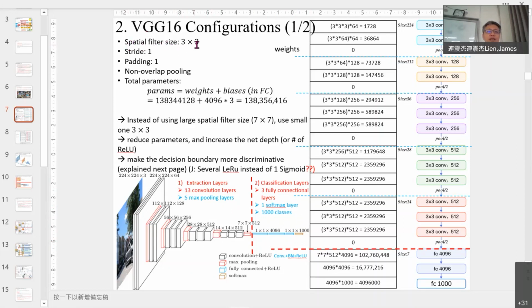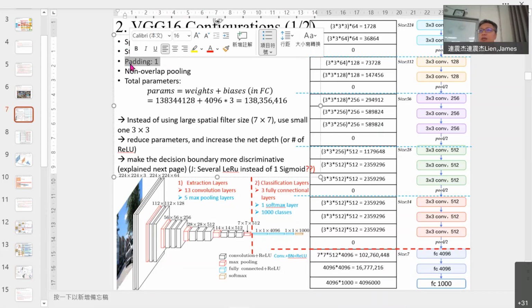The filter sizes are all 3 by 3. They use stride 1, meaning you don't have downsampling. They use padding 1, meaning for each image you add 1 more 0 outside the boundary, so after the convolution your image size doesn't change.